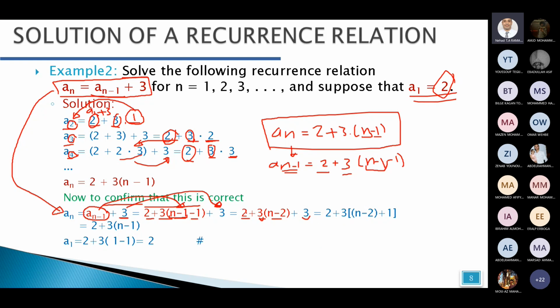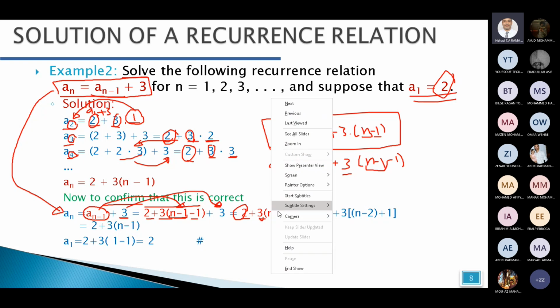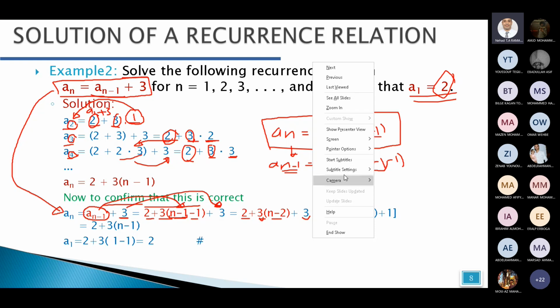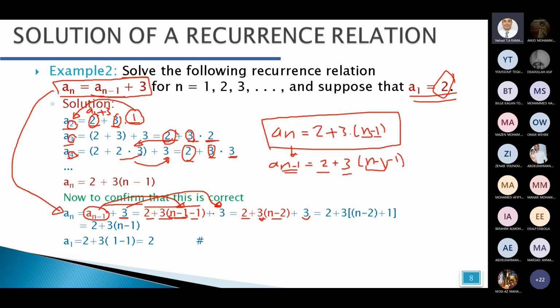So the constant 2 stays here, plus 3 outside. What is still inside here? n minus 2, plus, we take this 3 outside. What is still inside? 1.